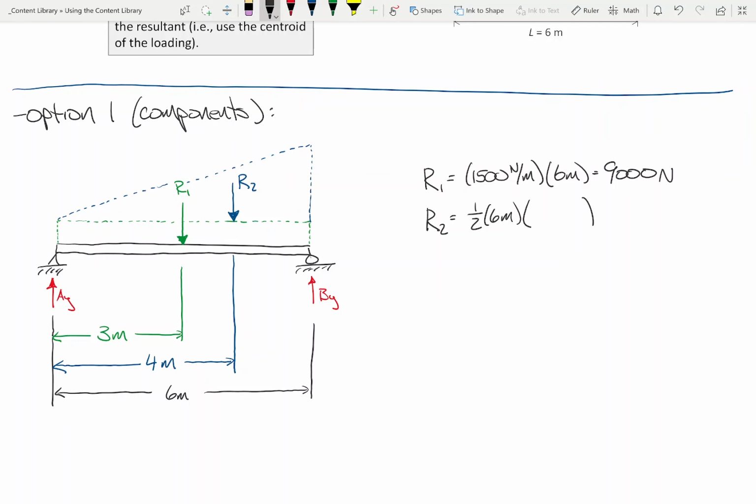What is the height of the triangle? 3,000. It's not 4,500, it's 3,000. And this also happens to be 9,000 newtons. Does that sound good?